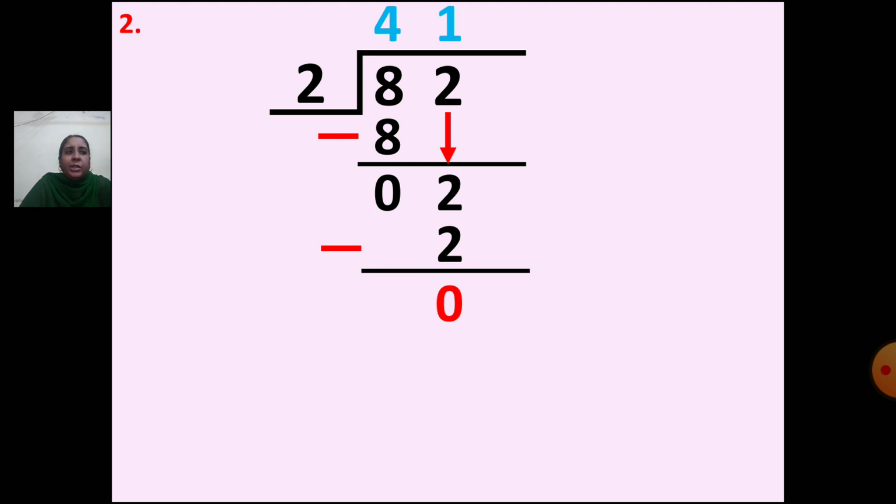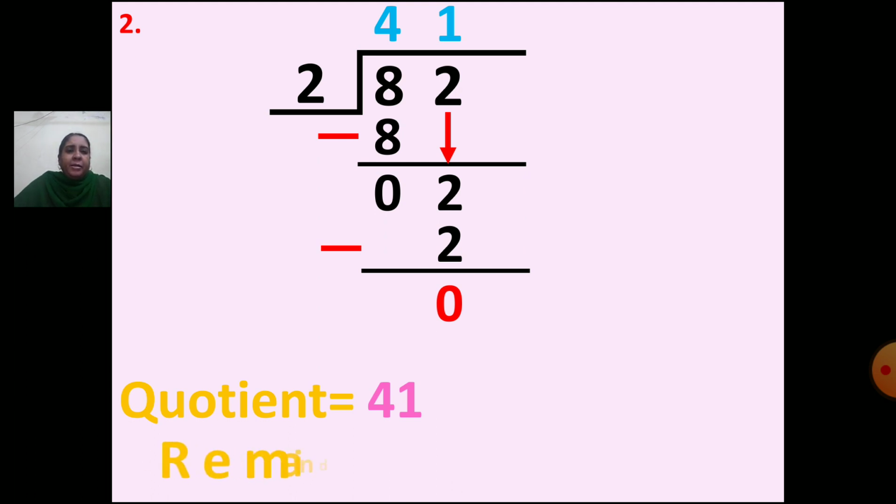Okay, after doing the sum, now you have to write what is the quotient and what is the remainder. So the quotient is how much? 41. And now you will write the remainder. So what is the remainder here? 0. So your answer is quotient is 41 and remainder is 0. This is your answer.